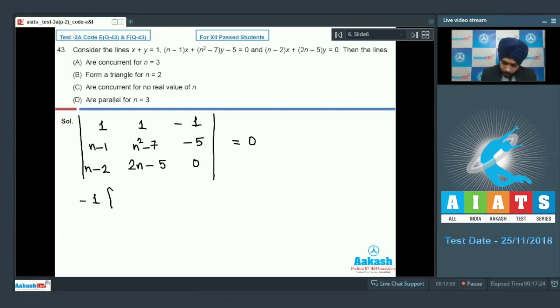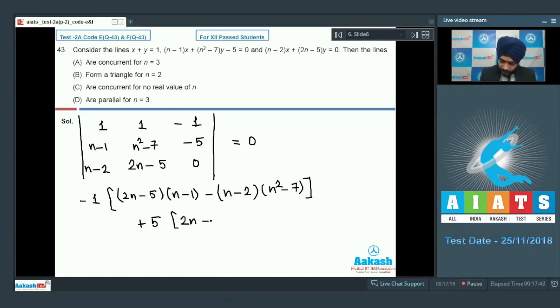So minus 1 into (2n minus 5) into (n minus 1) minus (n minus 2)(n square minus 7), minus of minus 5, that is plus 5, (2n minus 5 minus n plus 2) is equal to 0.